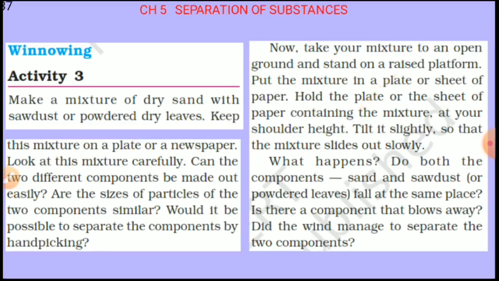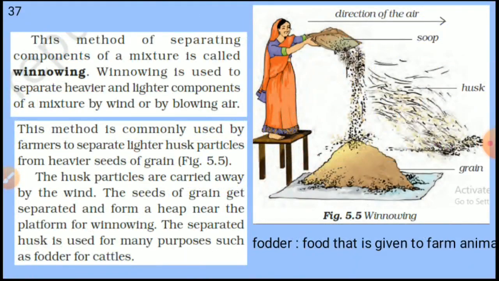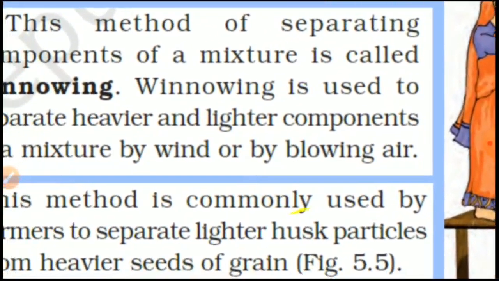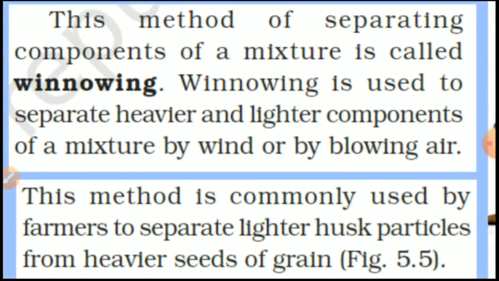Let's see the next one. This method of separating components of a mixture is called winnowing. Winnowing is used to separate heavier and lighter components of a mixture by wind or by blowing air.